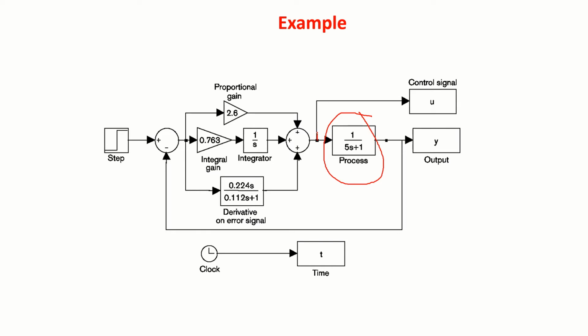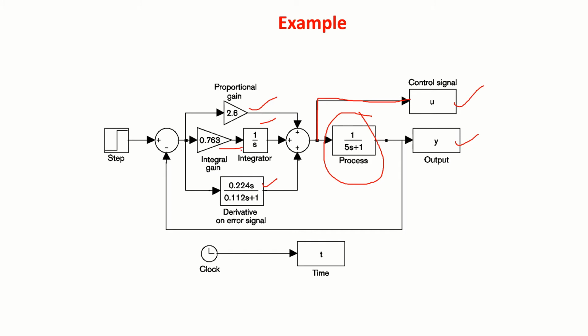Here you can observe the control signal, and if you keep a scope here, you can see how exactly the control signal is. Here you can see the system output. This is the proportional controller, this is the integral controller, and this is the derivative controller on the error signal. I'm adding all three over here.